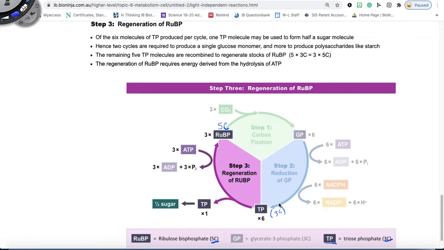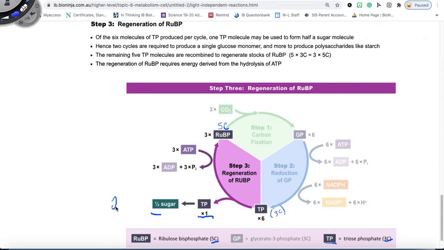Now, of the 6 molecules that we're starting off with, one molecule of TP is used to form half a sugar molecule. That means the Calvin cycle is going to have to go around twice to get one full glucose molecule.